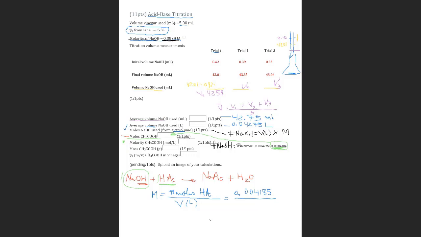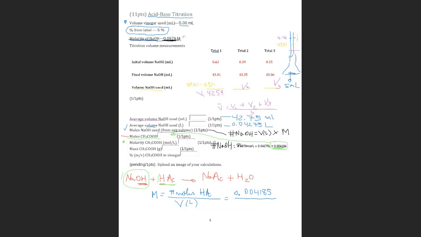So if I look here, how much acetic acid did I use, what is the volume of vinegar? I come here, volume of vinegar used in milliliters. In the flask here, I added 5 ml of vinegar.